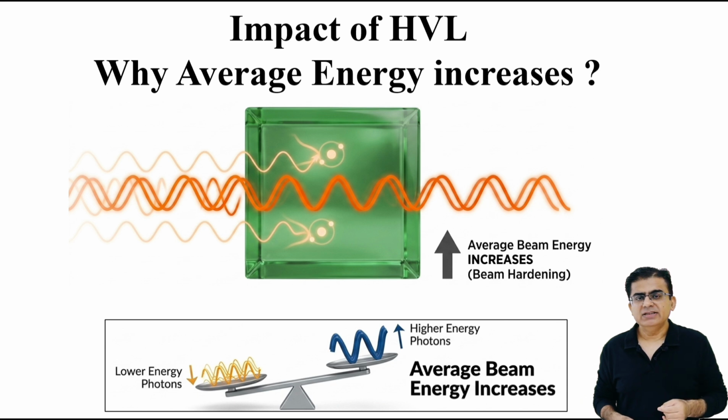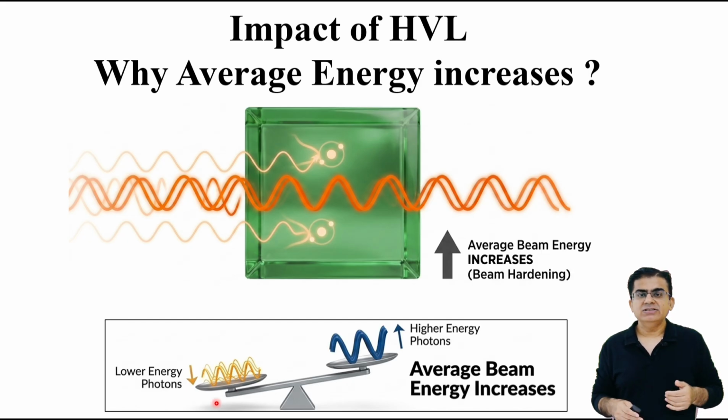Now, please look at the baseline scale at the bottom of your screen. This simple scale perfectly shows the mathematics of this process. On the left side, you see the lower energy photons being actively removed from the beam.